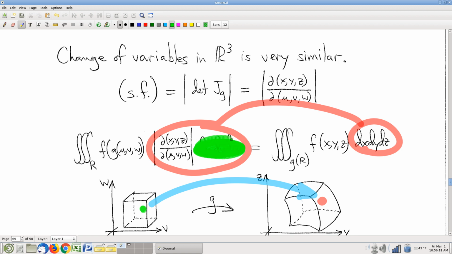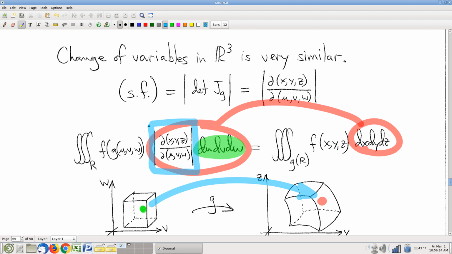That green piece of volume gets stretched out by a factor. That's my stretching factor. The stretching factor is, oddly, lucky break, still the absolute value of the determinant of the Jacobian matrix. It's just that now the Jacobian matrix is a 3x3 matrix. So lucky break happens to be morally the same.